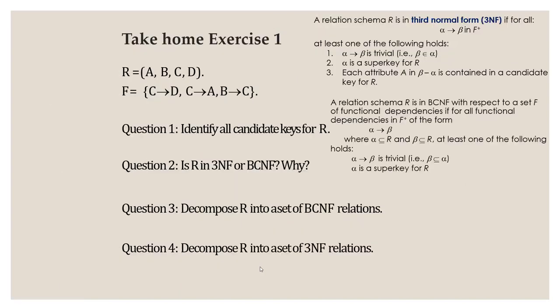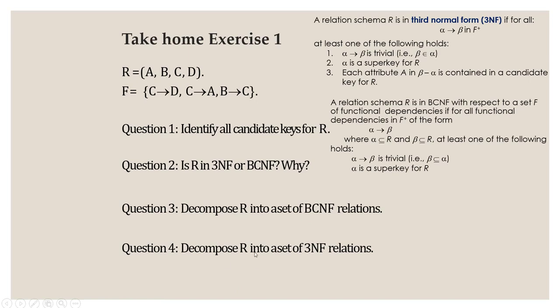Okay, so given that, let's try these two exercises. You will see something very similar, just like this one, on the final exam. So it is great practice. The first step is to identify all the candidate keys. And the next step is we want to see if this is in 3NF or BCNF. It might be both or just one. If it's not in BCNF, decompose it into BCNF.